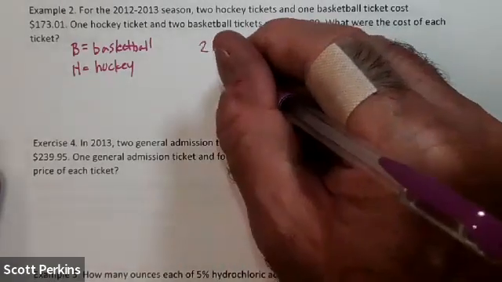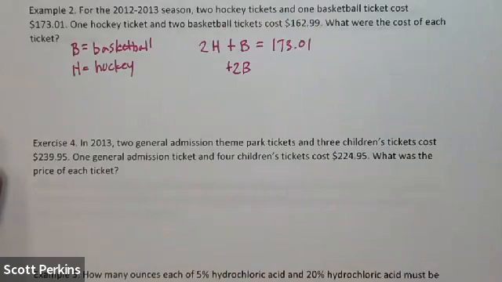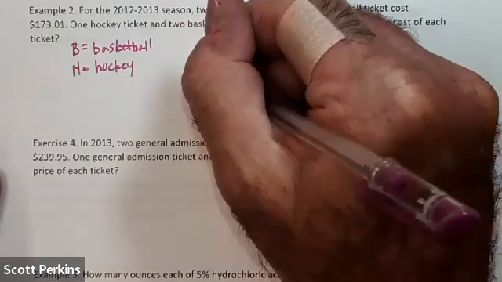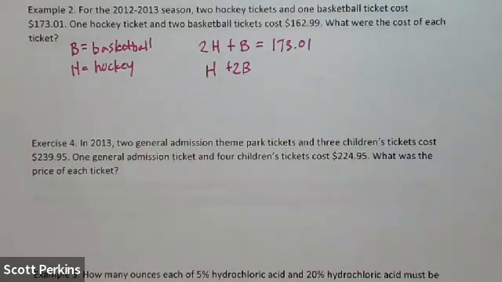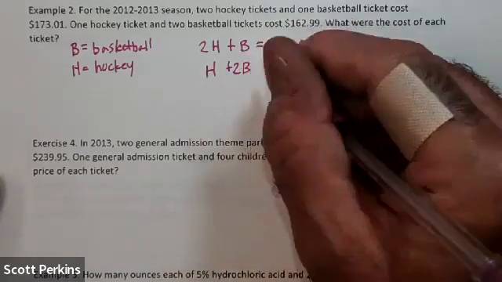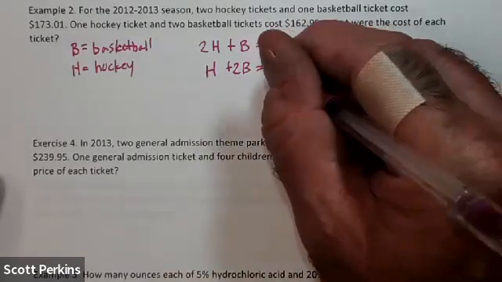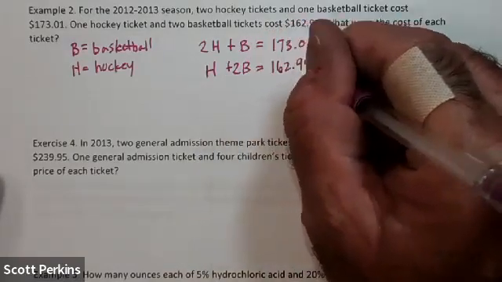Okay, we're going to have a 2B plus H. I'm just aligning up the variables the way they were in the first one, so that when I go to eliminate, if that's how we solve this problem. So H plus 2B is equal to 162.99.